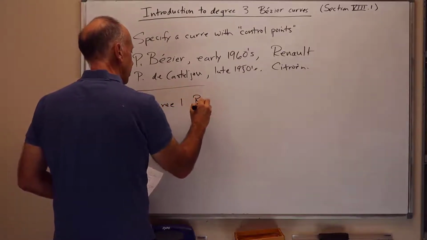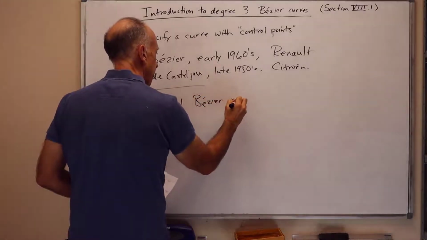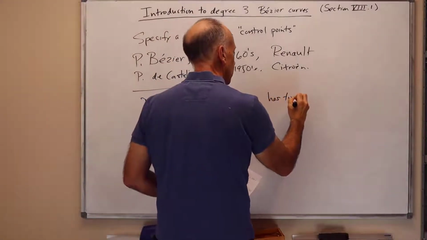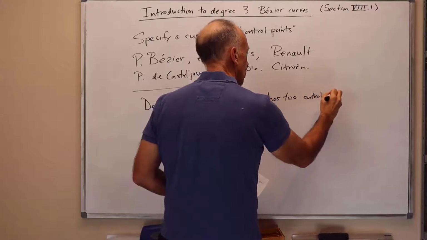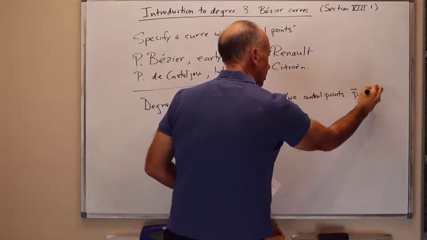So, a degree 1 Bezier curve. It has two control points, which I'll call P0 and P1.